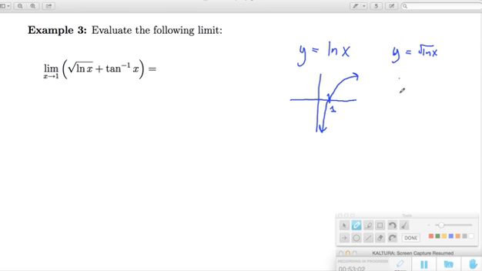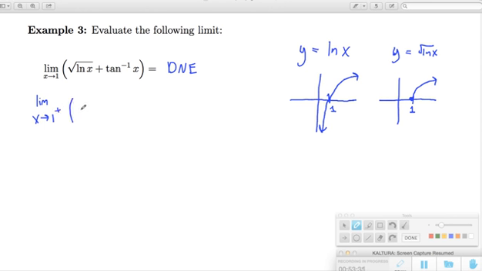It is actually going to only be defined from here on out, which means that it's not going to have a left limit at x equals 1. So because of that, this particular limit actually does not exist. We haven't even considered the arctan part, but the first limit is not going to have a left limit. However, if you did consider just the limit from the right, you might be able to get something.